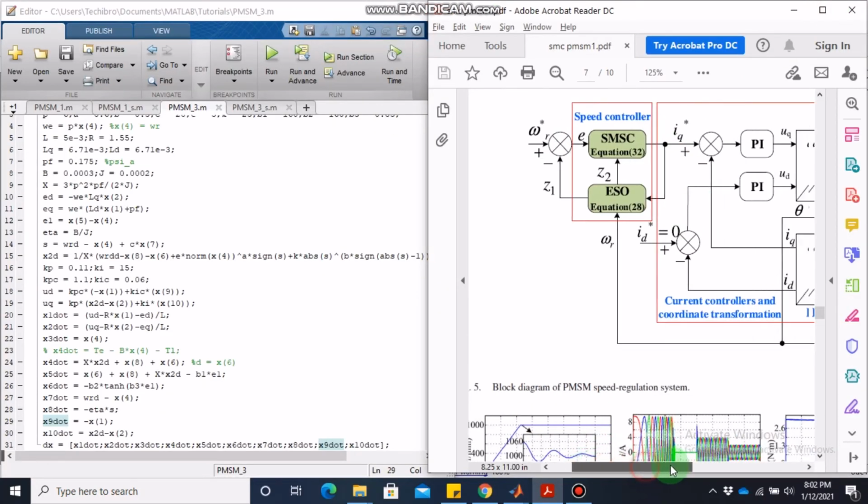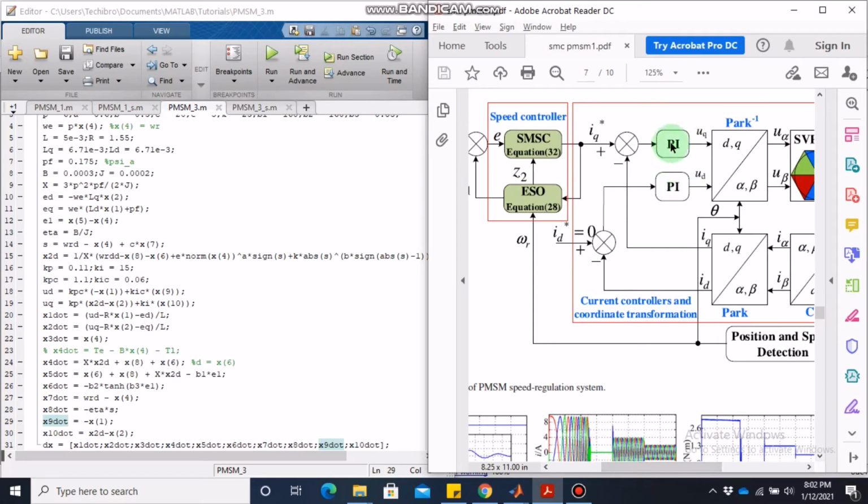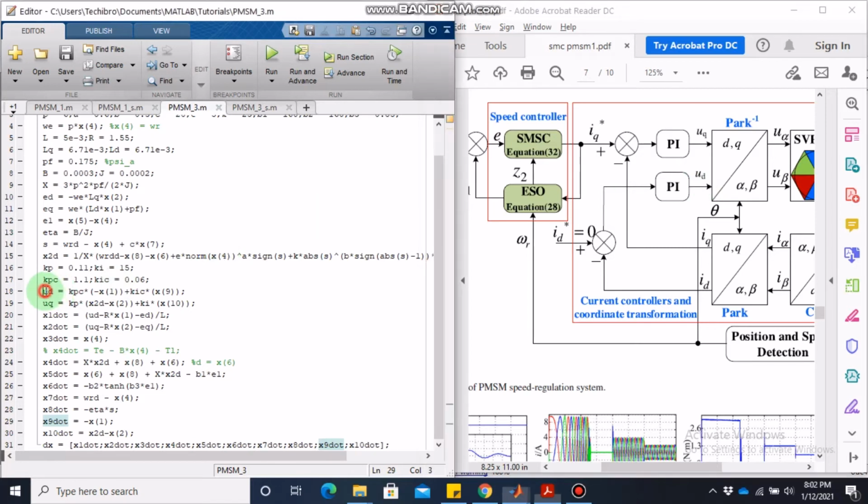If you look at these PI controllers, this is UD and UQ. So UD is equal to proportional gain times the state x1 and integral gain times state 9.